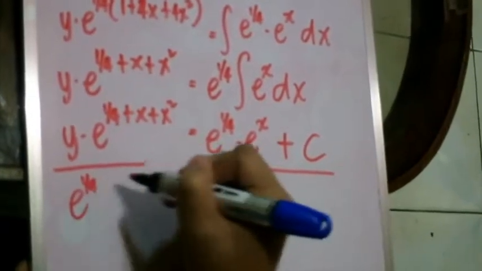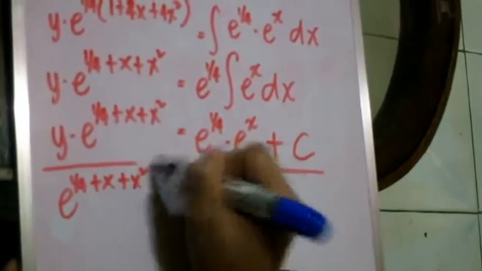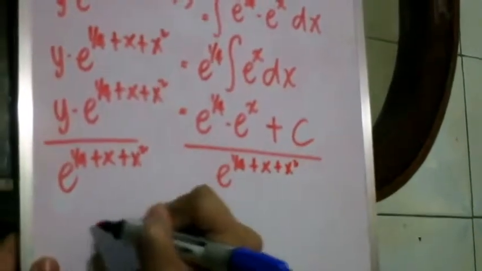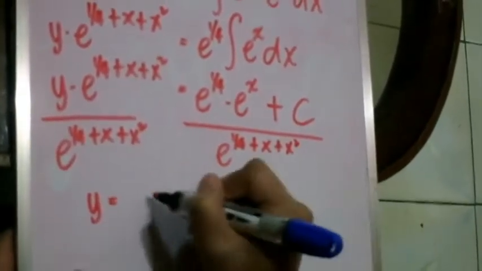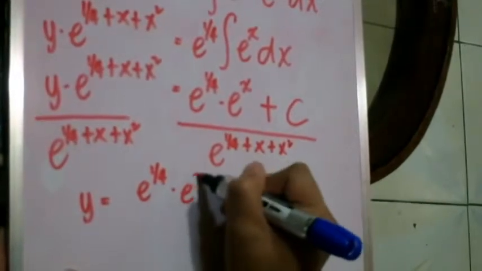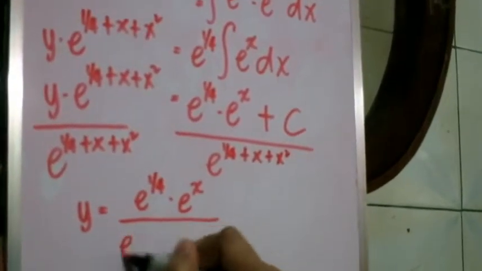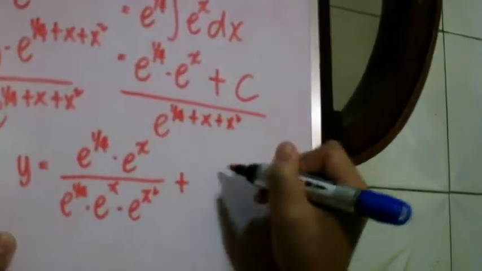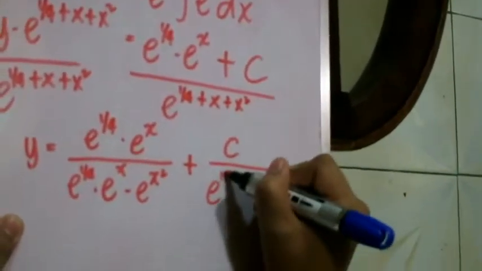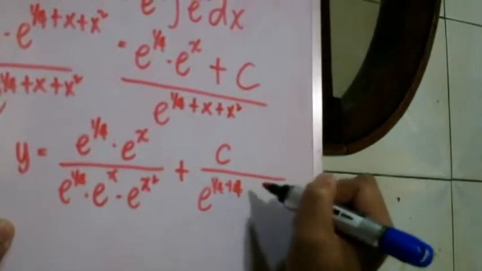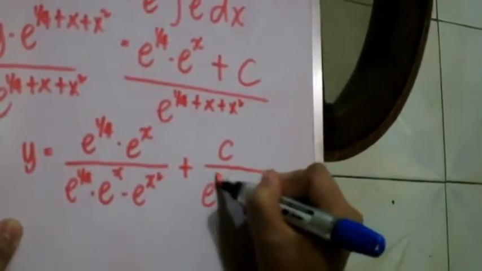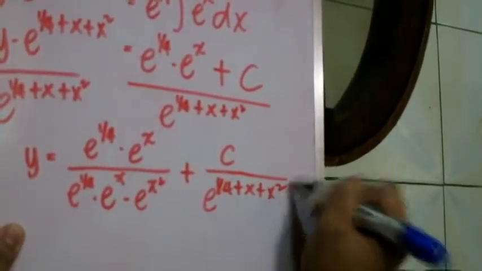we have the new equation y equals e to the 1/4 times e to the x over e to the 1/4 times e to the x times e to the x squared, plus c over e to the 1/4 plus x squared.